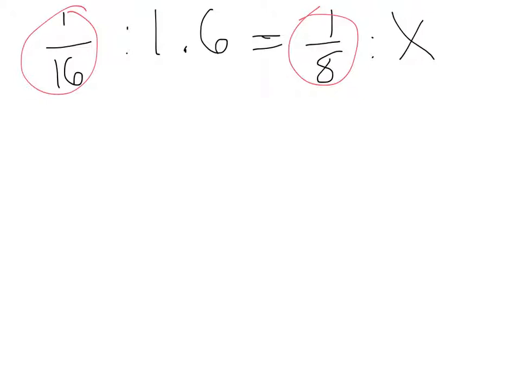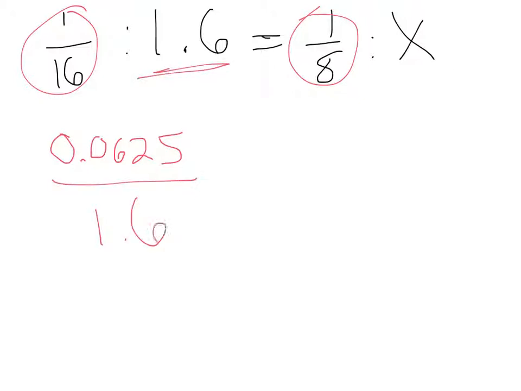You simply take the numerator and divide it by the denominator. So in the first case, 1 divided by 16, if I were to do that in my calculator, it would give me 0.0625. And then I can use that to write over the second number of my ratio as written over 1.6.